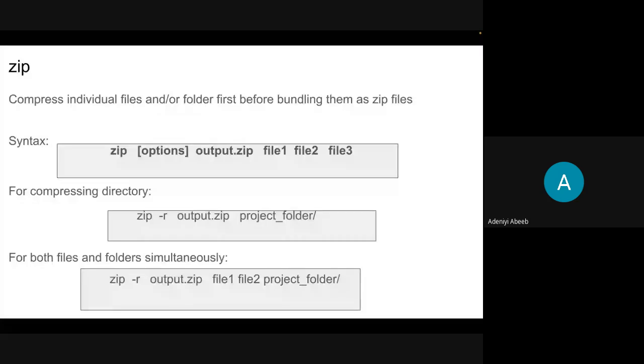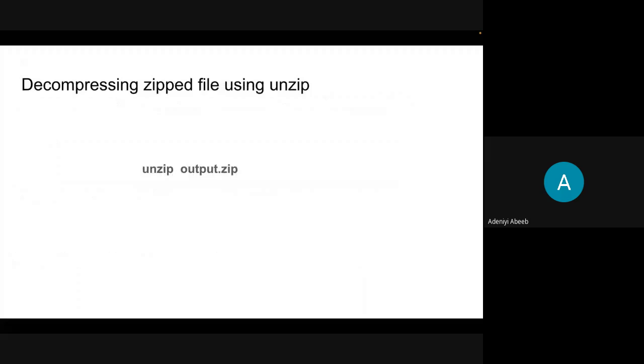So it does compression, and it also does bundling. I also told you that the option is necessary when you are working on folders, the files within the folder, so just use minus r when you are doing that. And how to decompress is actually very simple. What you have to do is use the unzip command and then the path where you have your zip file.